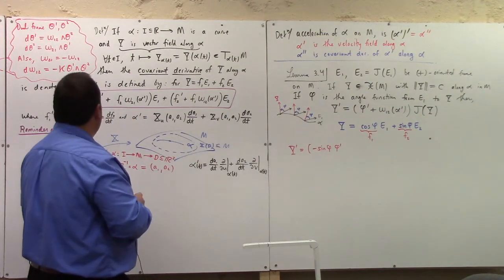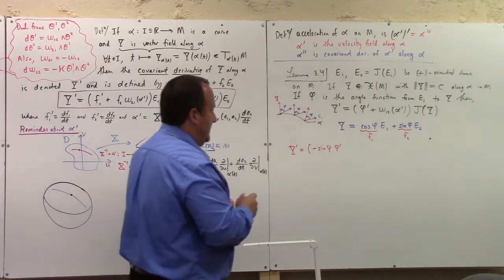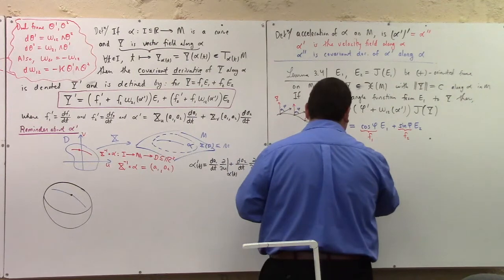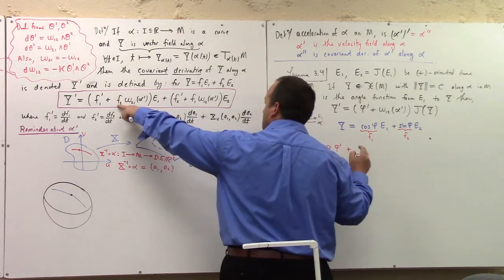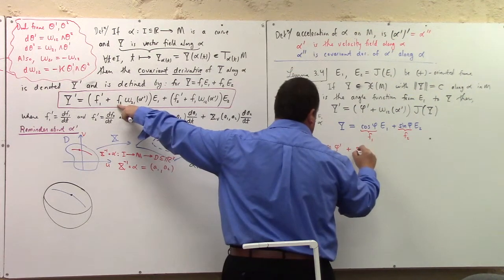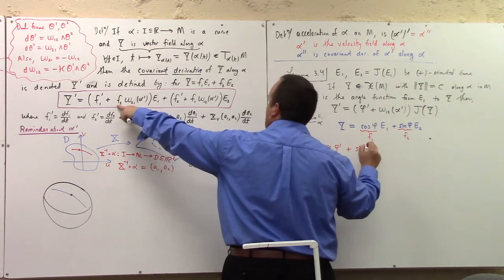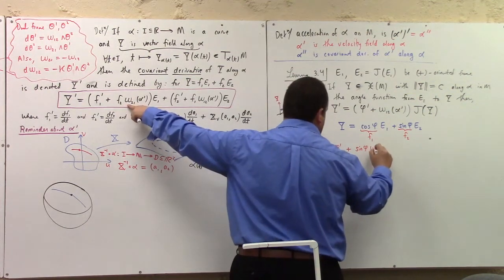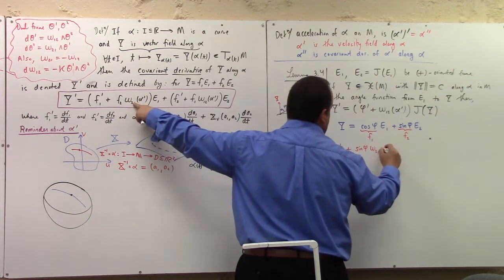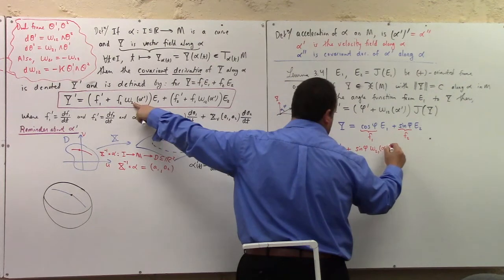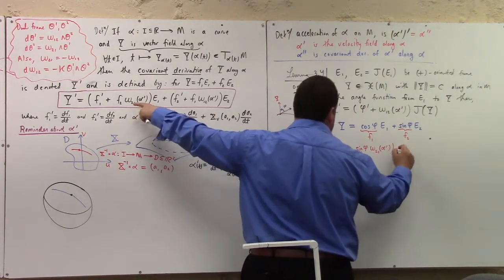That's my F1 prime. And then plus F2, well, plus this piece right here, F2, which was sine phi, and then omega 2, 1 of alpha prime, all that times E1.